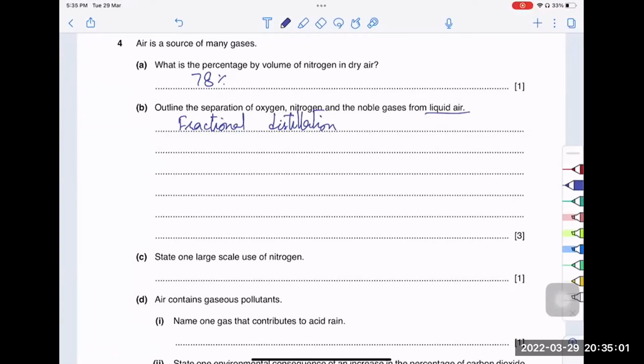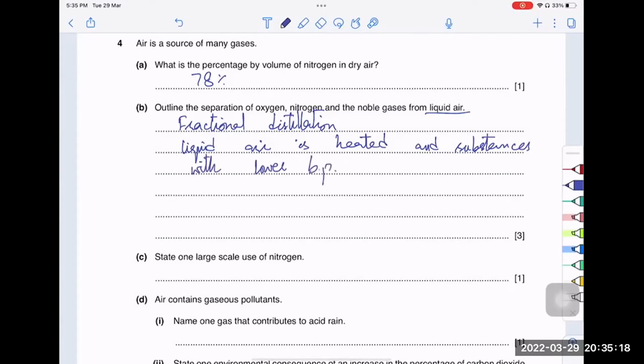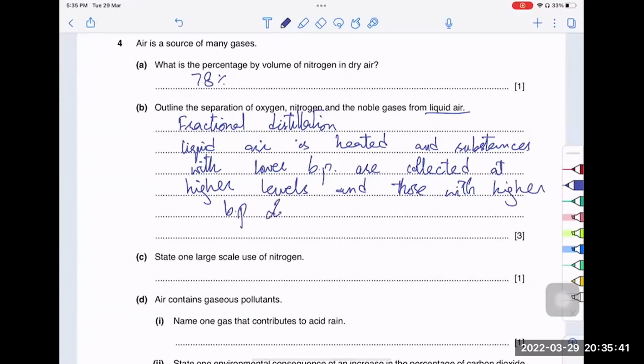So liquid air is heated, and substances with lower boiling point evaporate and are collected at the top, at higher levels, and those with higher boiling point at lower levels.